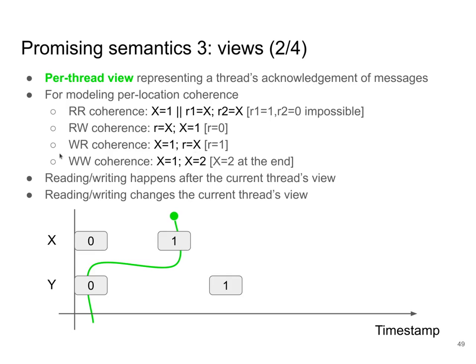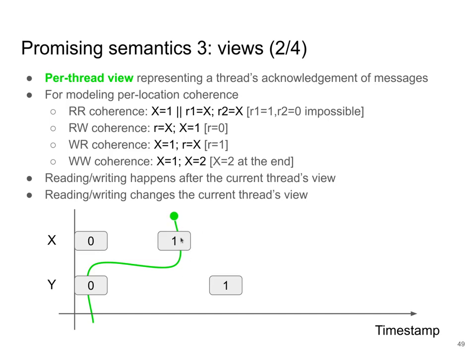There is also write-write coherence or WW coherence. If there are 2 writes, X equals 1 and X equals 2, it should be the case that at the end of the day, the memory contains the messages 1 and 2, and they should be ordered. 1 is before and 2 is after. The reason is the same. By writing X equals 1, your per thread view is at this point.